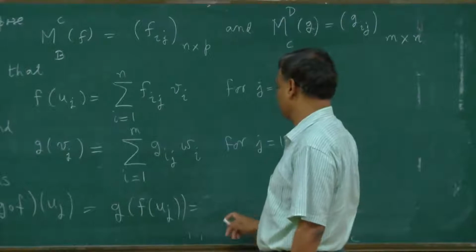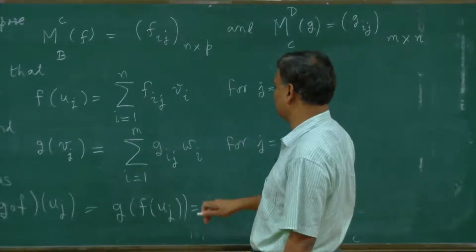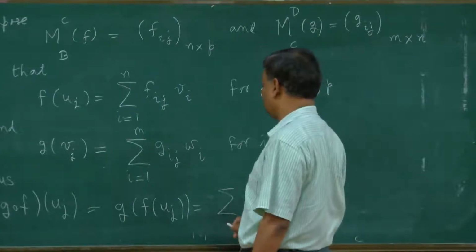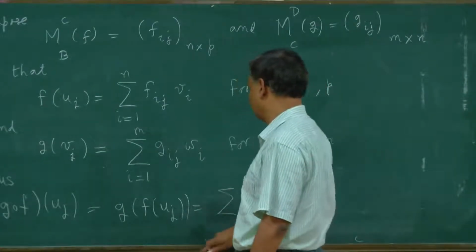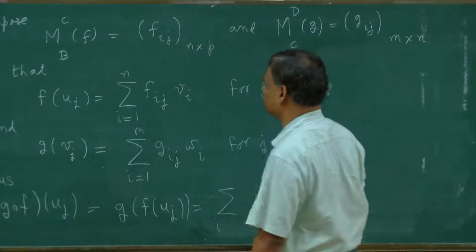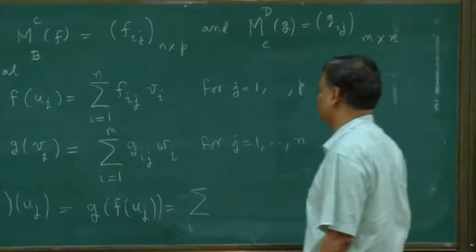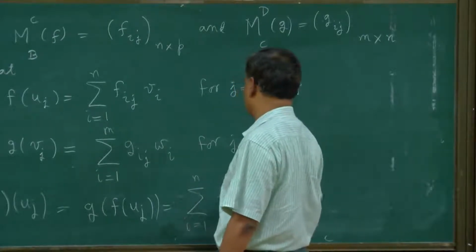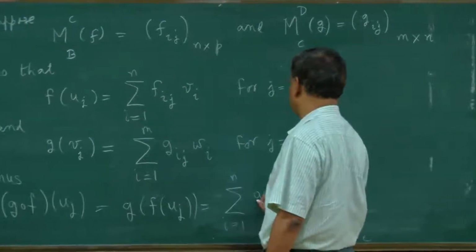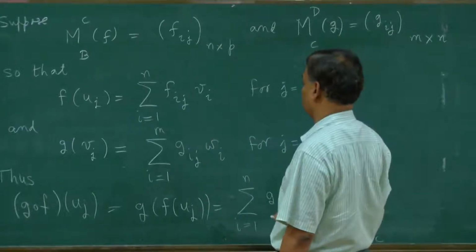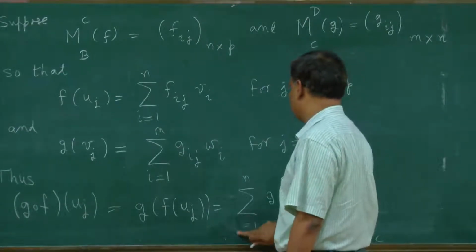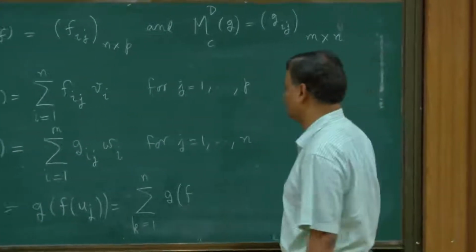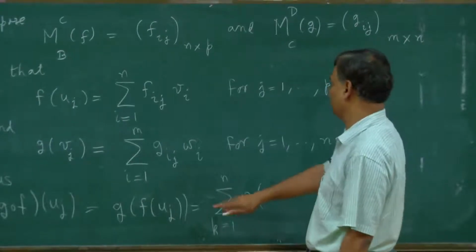F of Uj is, let us say, the summation with I going from 1 to n. In fact, maybe I will use a different letter. Let me use, say, K. What is F of Uj?